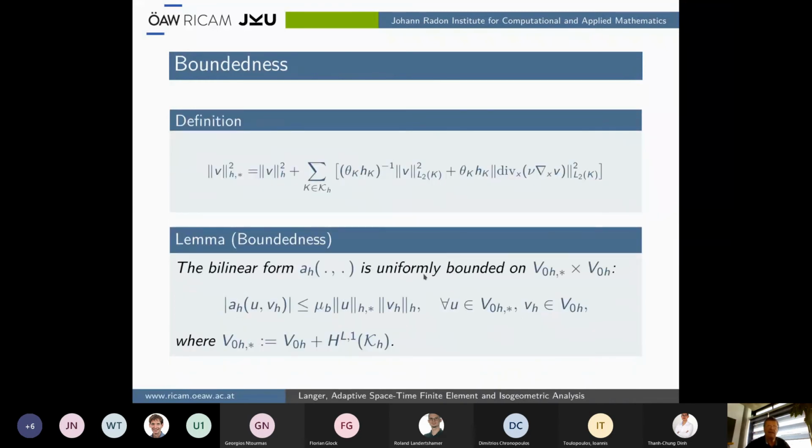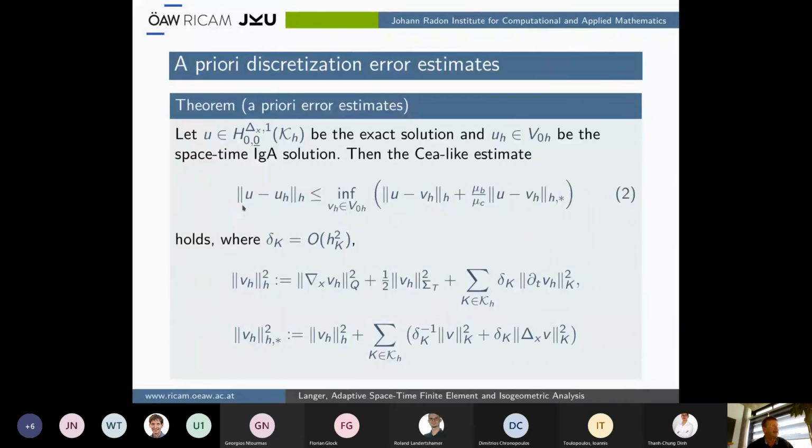Okay, some more analysis. I will go very fast through this. This is mathematics now. We show also boundedness of the bilinear form on an extended space. This is the star norm, an extended norm, and we extend the space basically by the solution space. If you have this, then you can easily show a discretization error estimate.